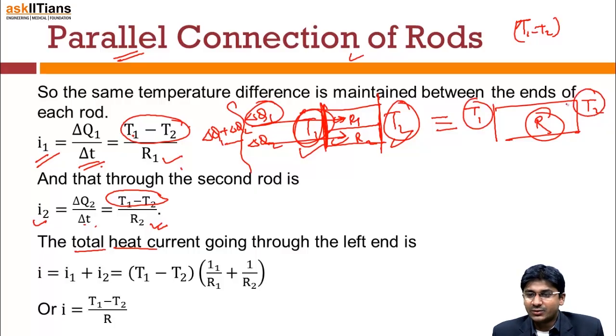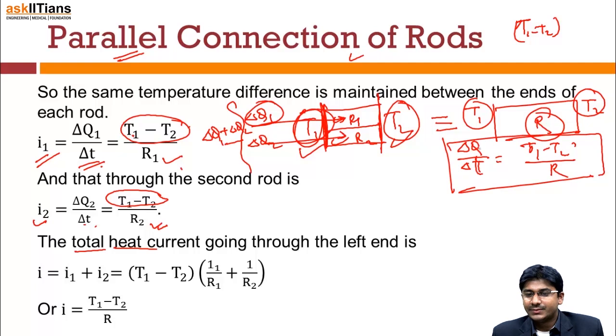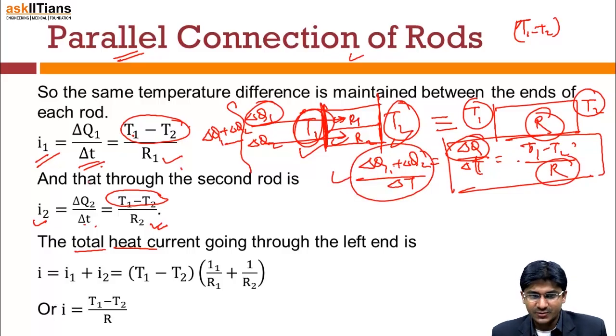So for this, what again I can write is that delta Q by delta t is T1 minus T2 by R. So now this delta Q is delta Q1 plus delta Q2 by delta t. Now I need to find this value of R, so I will equate this with these two values that I have and then try to find what this R is.